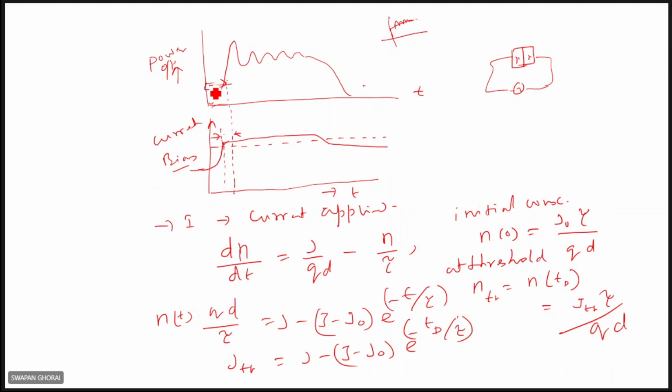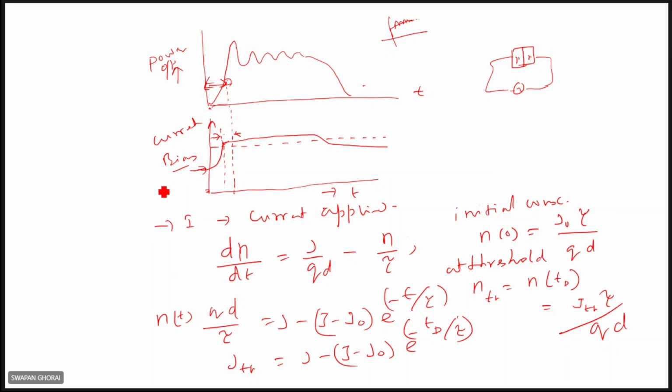This time delay can be minimized if you apply some bias current in a laser diode. This bias current can be at zero level, or it can be very near to the threshold level.